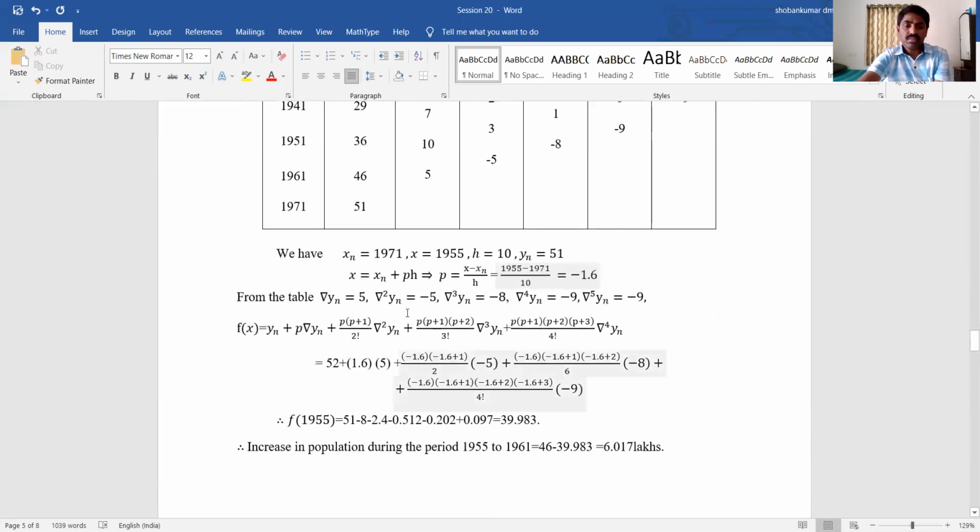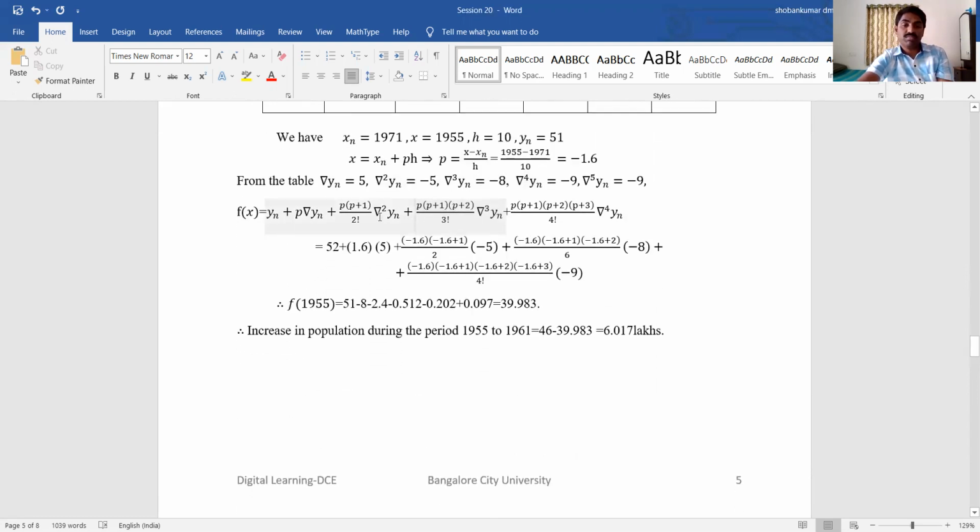Now x equal to xn plus ph. This implies p equal to x minus xn by h. x is 1955, xn is 1971, divided by h, h equal to 10 here. Therefore, p equal to minus 1.6. Now, these we know from the table and backward interpolation formula.